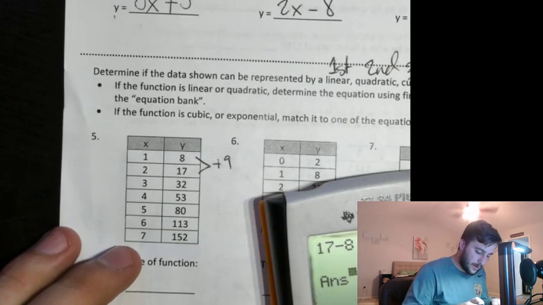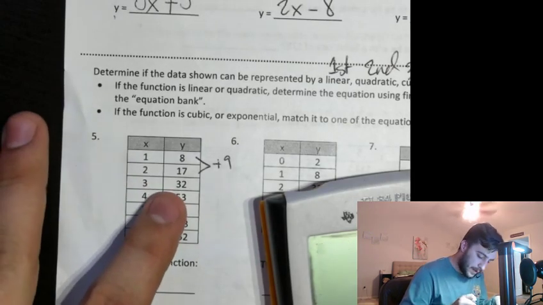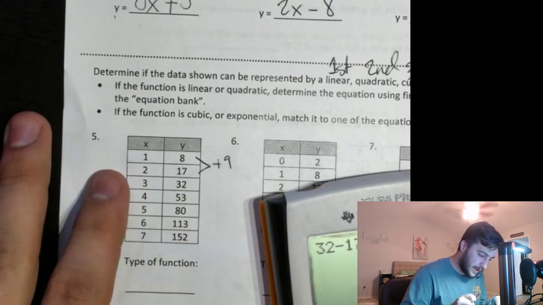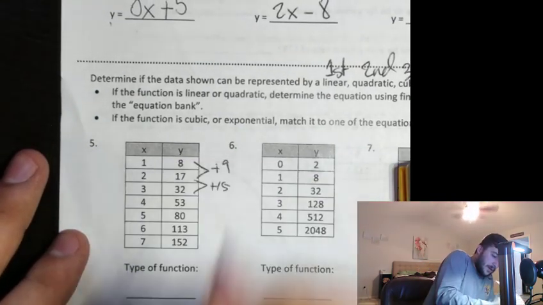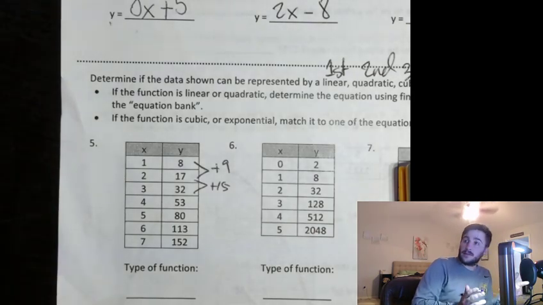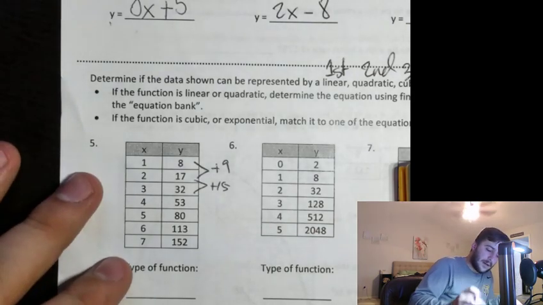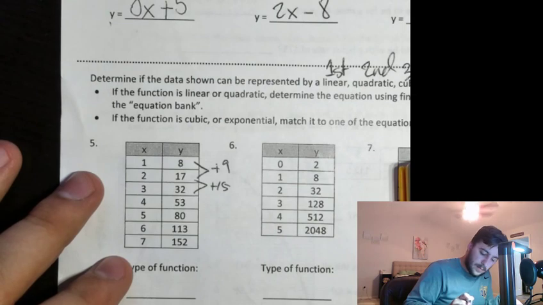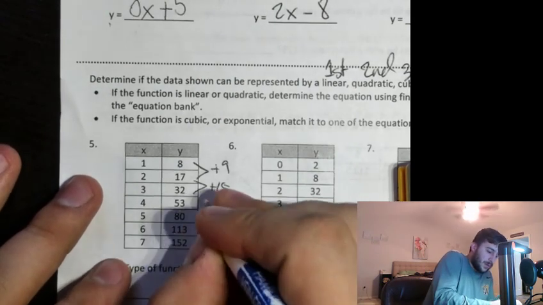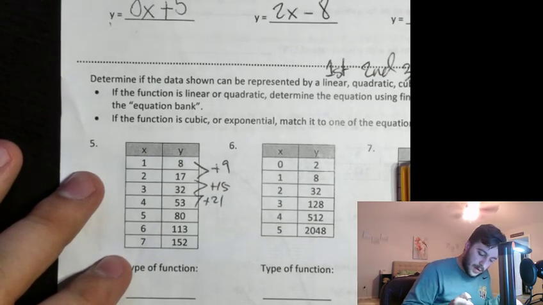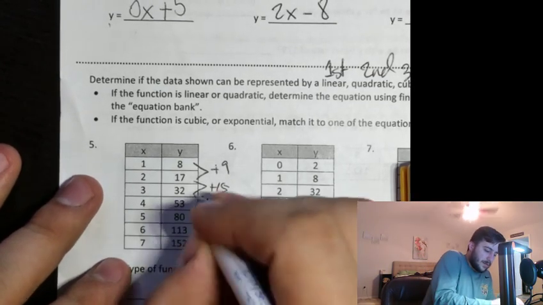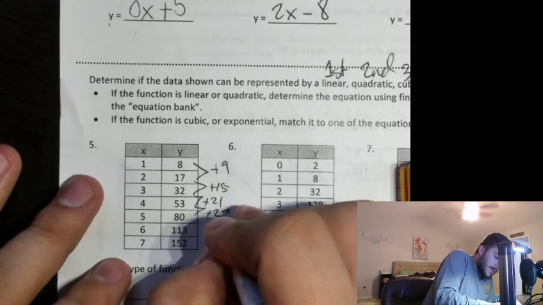So that's, clear. 32 minus 17, you're 15. Oh, already we know it's not linear. Okay, first difference isn't constant, so not linear. 53 minus 32, that's plus 21. Let's see, 80 minus 53, we got 27, plus 27.